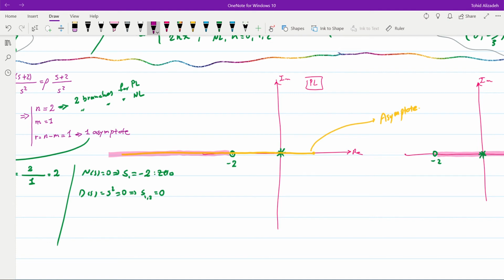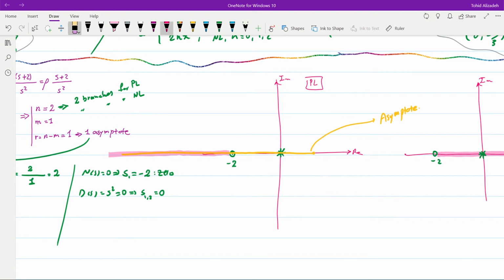If we look at the positive locus, we can see that if we have branches originating from the poles at the origin over here, they should go out of the real axis immediately because they cannot continue on the real axis, as the real axis around that area doesn't belong to our positive locus.